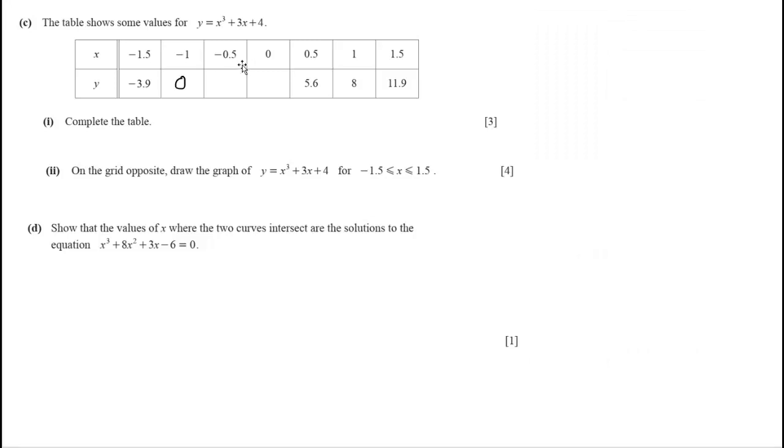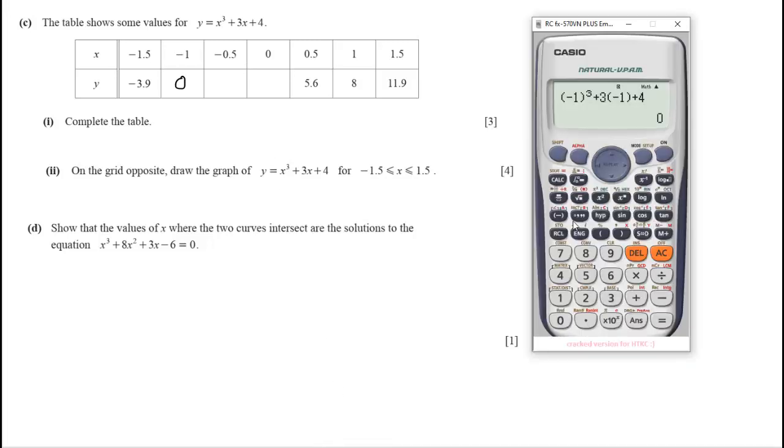Next we put minus 0.5 in x. So just bring the cursor here. Minus 0.5, and bring the cursor here, minus 0.5. So it is 2.375. It is 2.4.